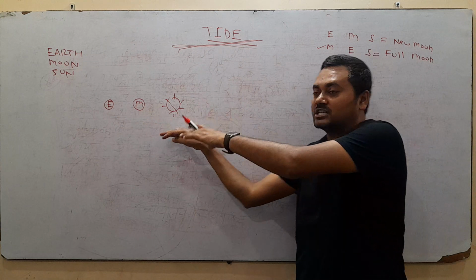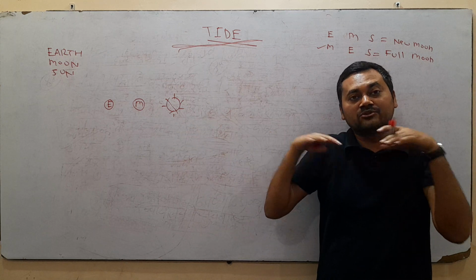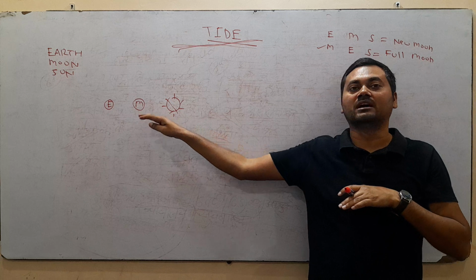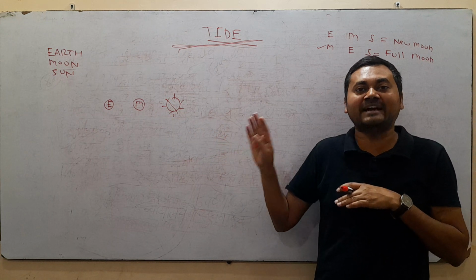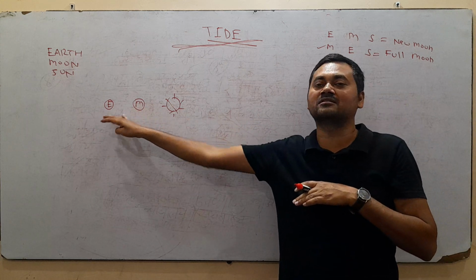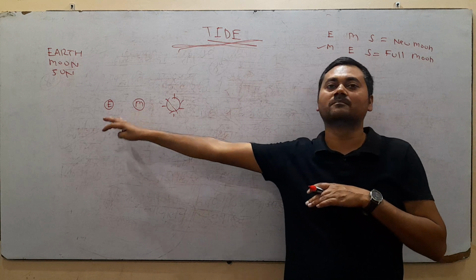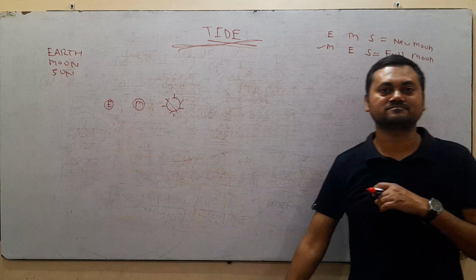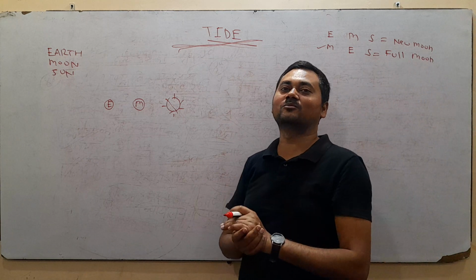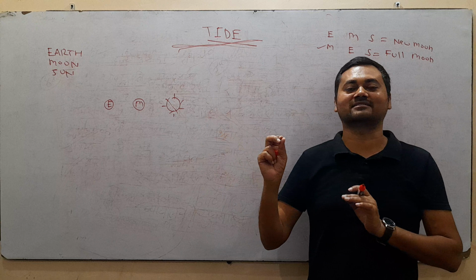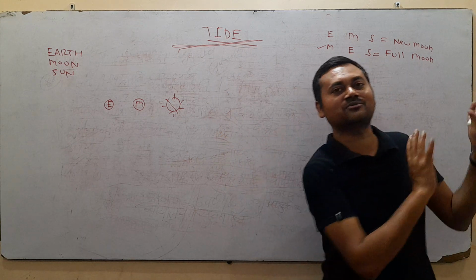That's why, although the sun is very powerful, because it has a huge distance in comparison to the moon, the gravitational force does not play as significant a role over the earth as the gravitational force exerted by the moon. It's like a very powerful magnet and a smaller magnet. But the problem is the powerful magnet is very, very far away.